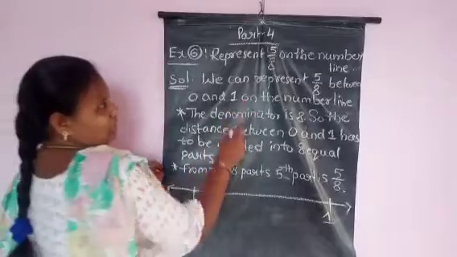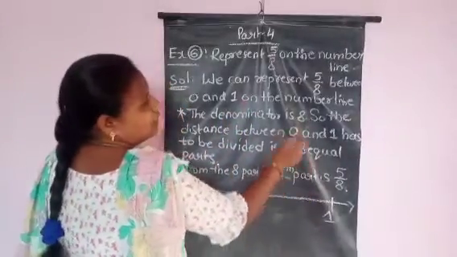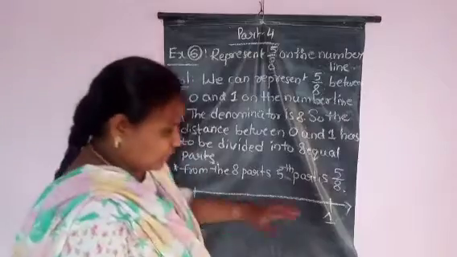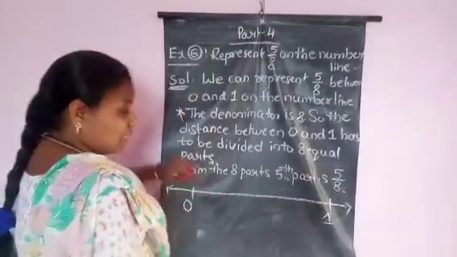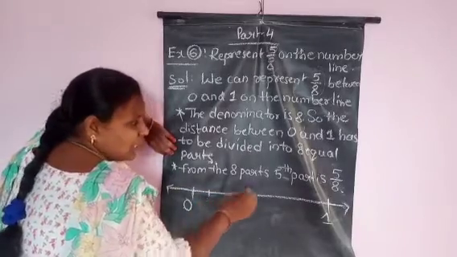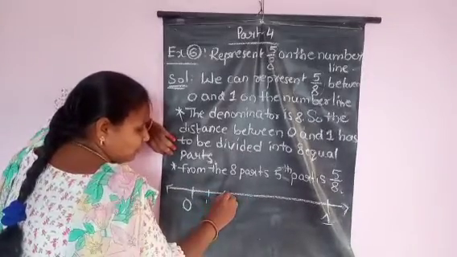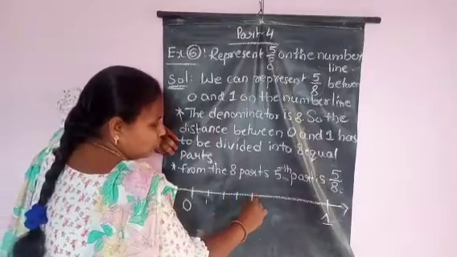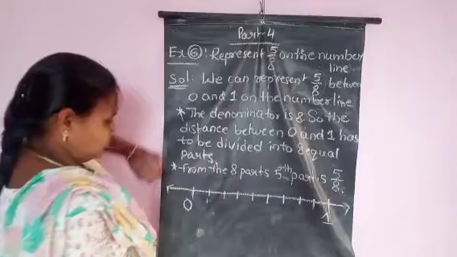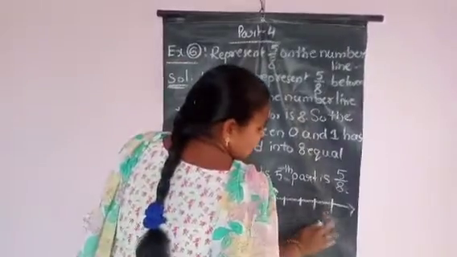So how can we represent this? We know that this is 5 by 8, so it lies between 0 and 1, and the gap between 0 and 1 has to be divided into 8 equal parts: 1, 2, 3, 4, 5, 6, 7, 8. Now this is our 1.